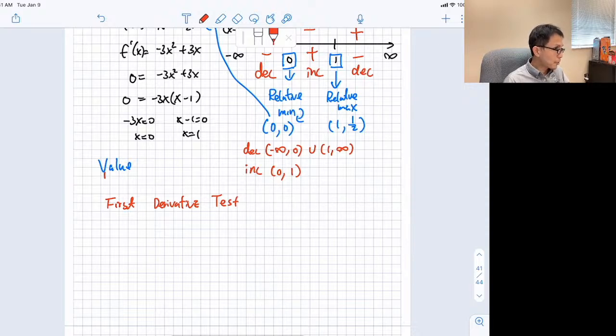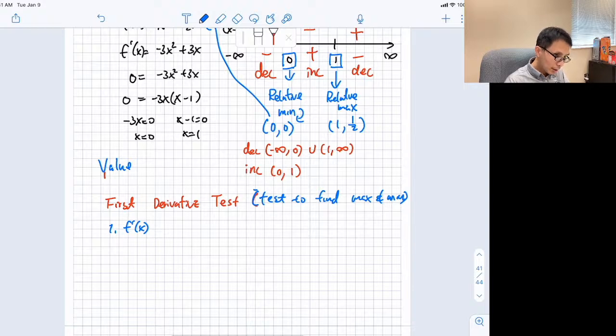It looks like the first derivative test. The first derivative test is a test to find maximum and minimum, and they are very, very intuitive. You already know this. So what you're going to do is say f prime of x changes from negative to positive. You're going to write exactly the same phrase.